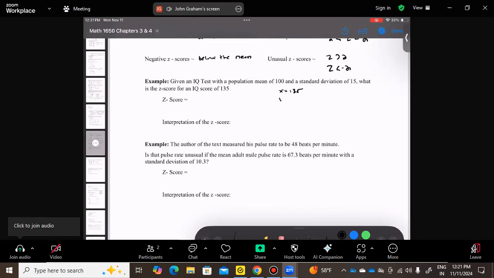This is a population, so the mean is 100 and the standard deviation is 15. 135 minus 100 over 15 is 35 over 15, which is 2.3. So you get a z-score of 2.3. This score is above the mean and is unusually high. Now, that doesn't mean it can't happen, doesn't mean it's an outlier, it just means it's unusually high.